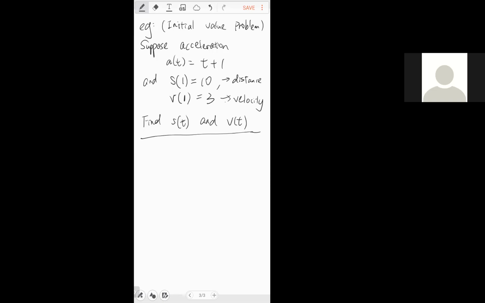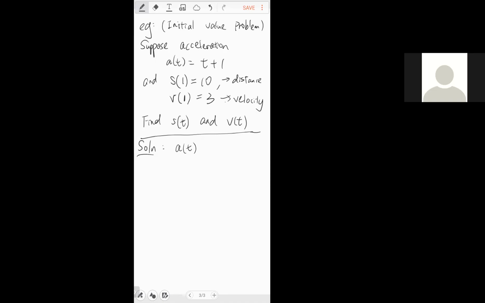So what do we know about the relationship between a of t, v of t, and s of t?